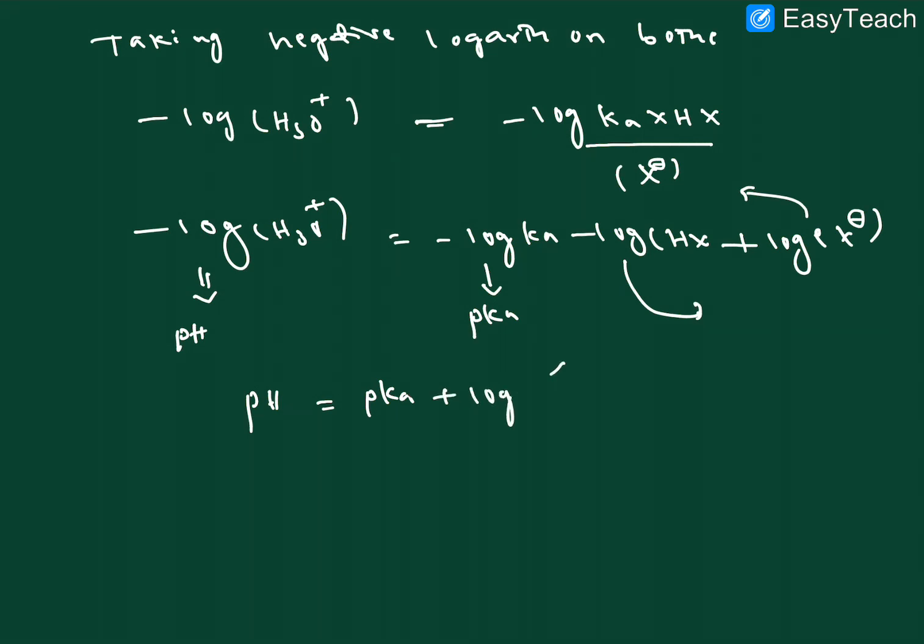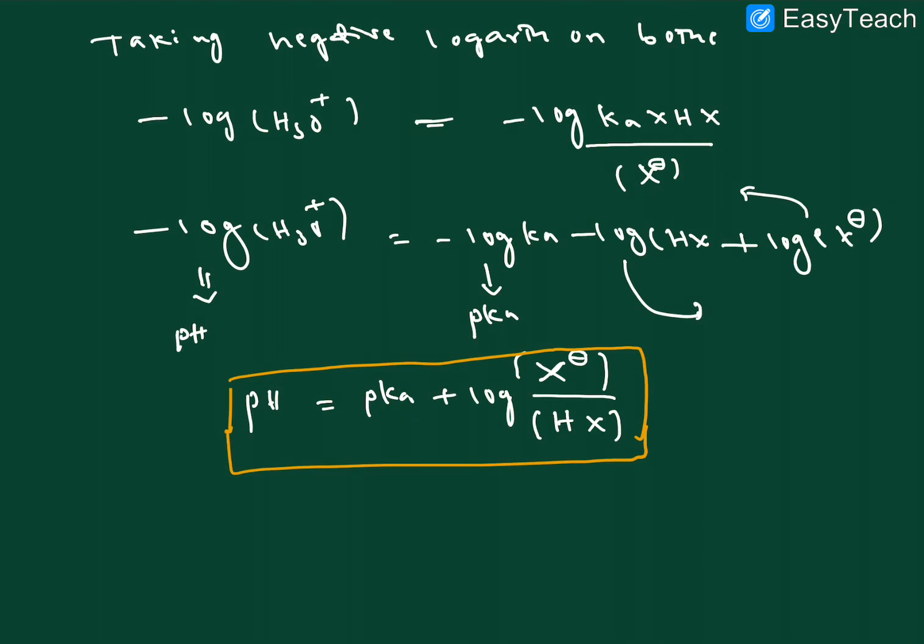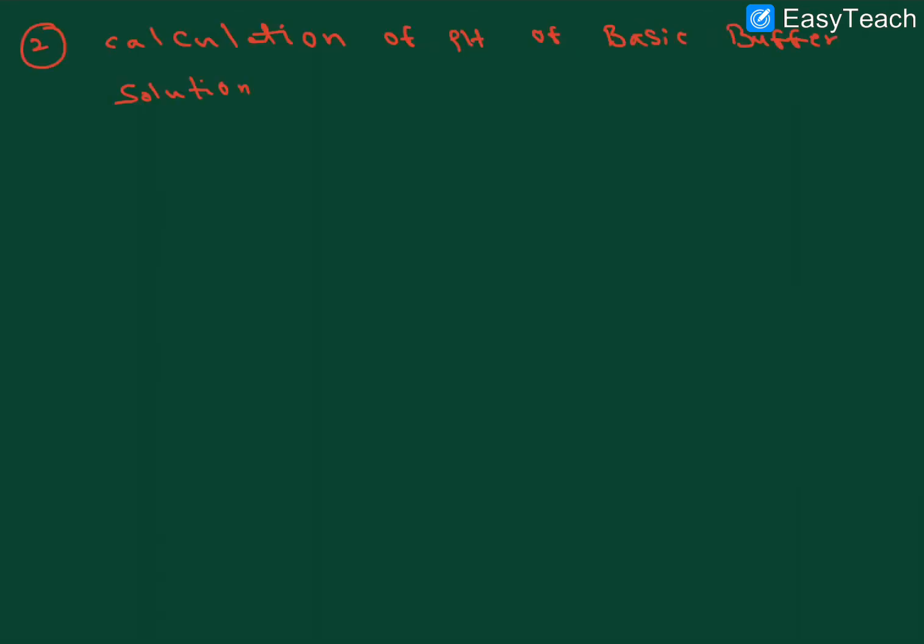Log of the X minus concentration divided by the HX concentration, taking log common here, right? So this is the formula of pH calculation for acidic buffer solution. I hope it is very clear.